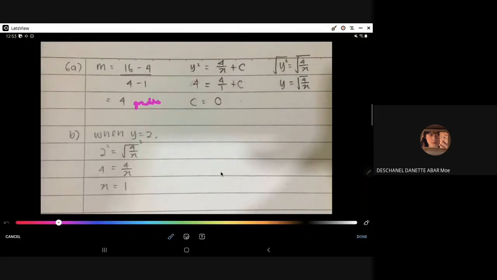Once you already get the gradient, you find the C. So to find C, you substitute the coordinates. I use 1, 4, and then substitute, I get C equals to 0. So the equation would be y squared equals to 4 over x. And then since we want in terms of y, we have to remove the square. So to remove the square, we square root, and then you get y equals to square root 4 over x.